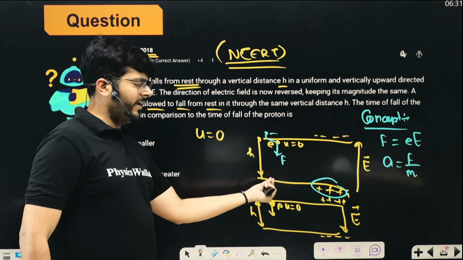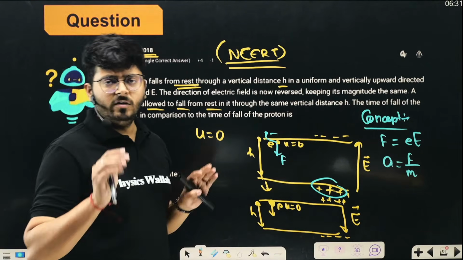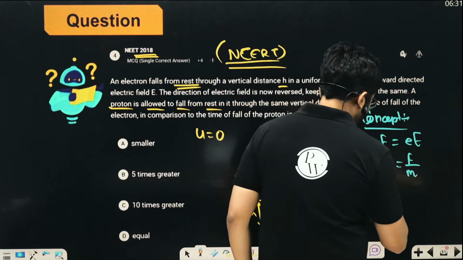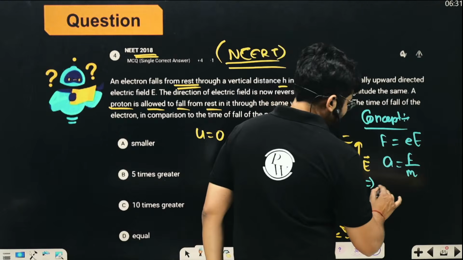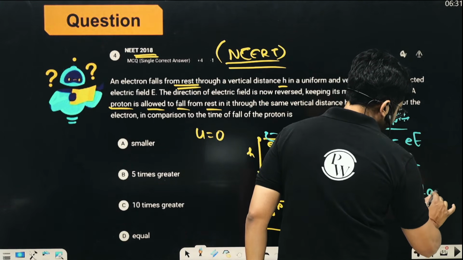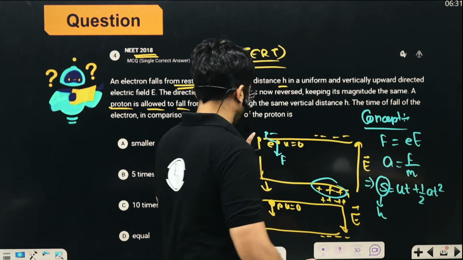When a particle is moving at constant acceleration, it will travel that distance in a certain time, and we can find that time by the equation of motion for uniform acceleration. So S equals ut plus half at square. The distance it is falling is equal to h, the separation between the plates.